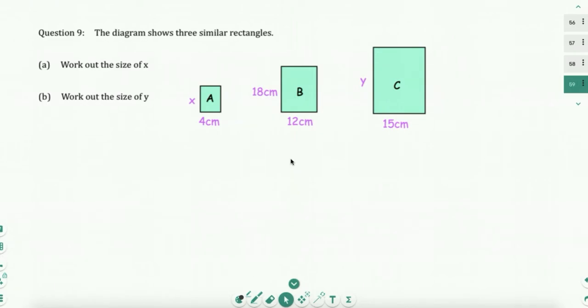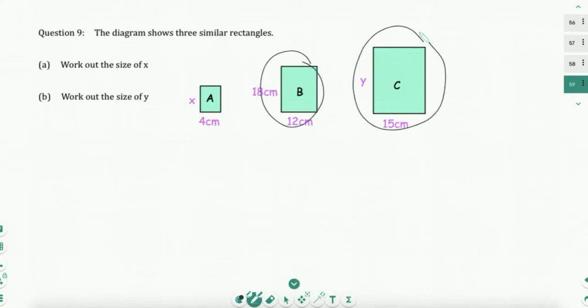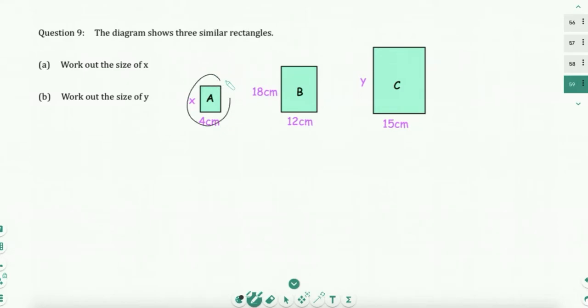The diagram shows 3 similar rectangles. Work out the size of side X. Well, the rectangles are similar. Therefore, rectangles A and B have the same scale factor, B and C have the same scale factor, and A and C have the same scale factor.